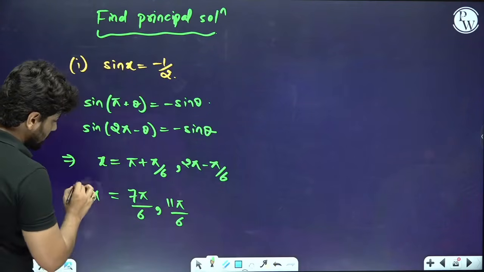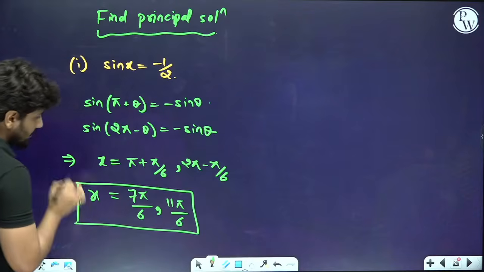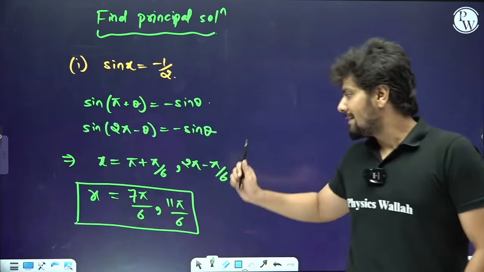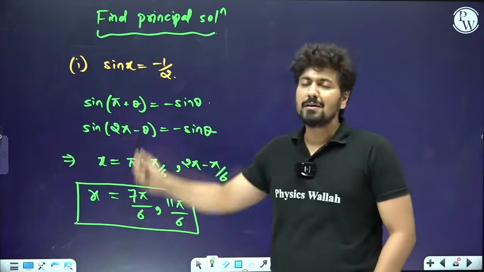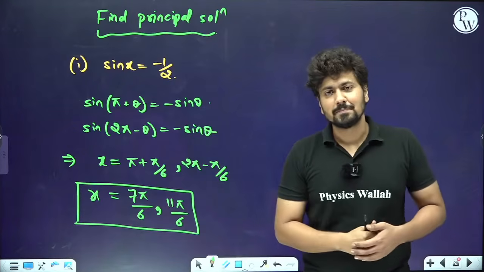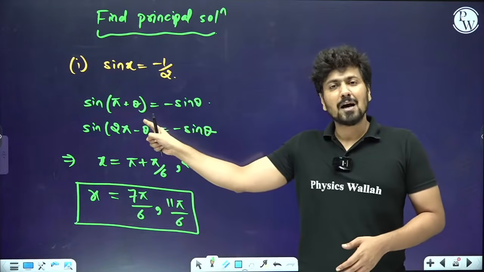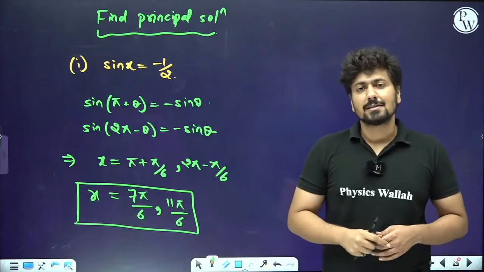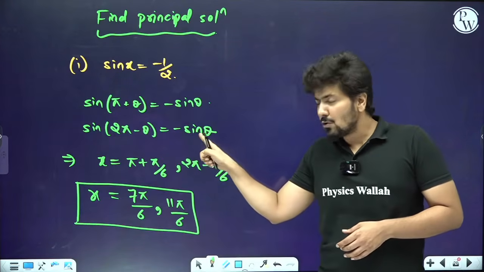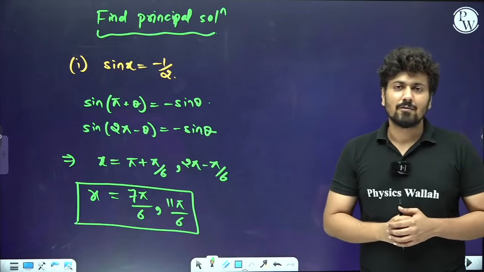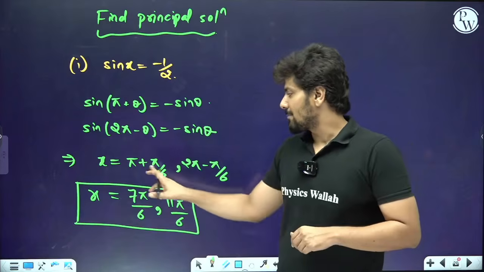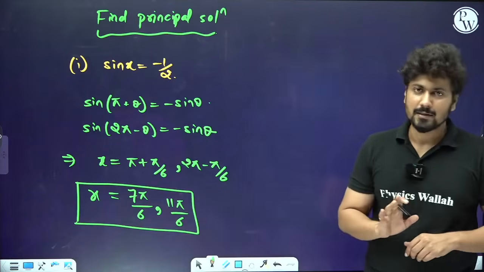So these are the two values of x we get, 7 pi by 6 and 11 pi by 6. At these two angles, sin x will be minus 1 by 2, because again sine of pi plus theta is equal to minus sine theta. Sine of pi plus pi by 6 is equal to minus sine pi by 6. Sine of 2 pi minus pi by 6 will be equal to minus sine pi by 6, where sine pi by 6 is 1 by 2. So the answer for this question is pi plus pi by 6 and 2 pi minus pi by 6.